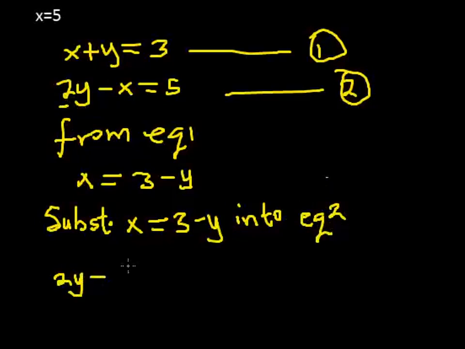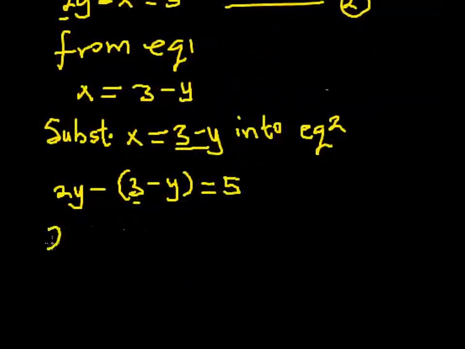Any place I see x, I put 3 minus y, right? I have to put that in a bracket because this minus belongs to x, and x is 3 minus y, so x is the whole of this. So please take note of that. Brackets are really very important when you're solving questions.